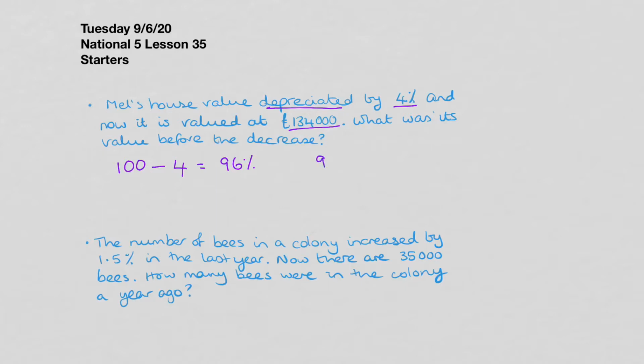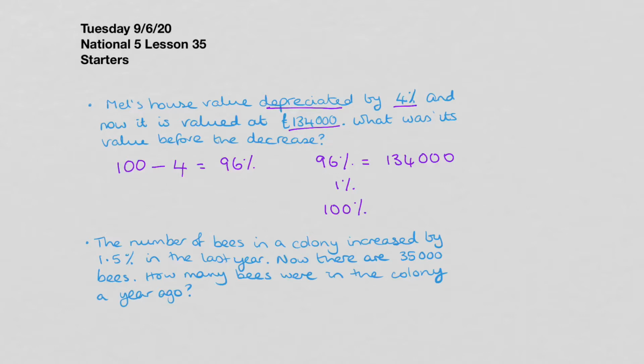Okay, and 96% is £134,000. So now we can work back from this and find 100%, and then we'll know what the value was before it lost the 4%. The way that we do this, remember, is we find 1% and then we find 100%.